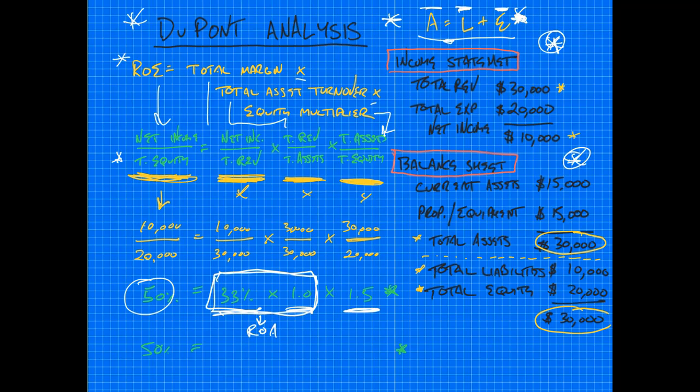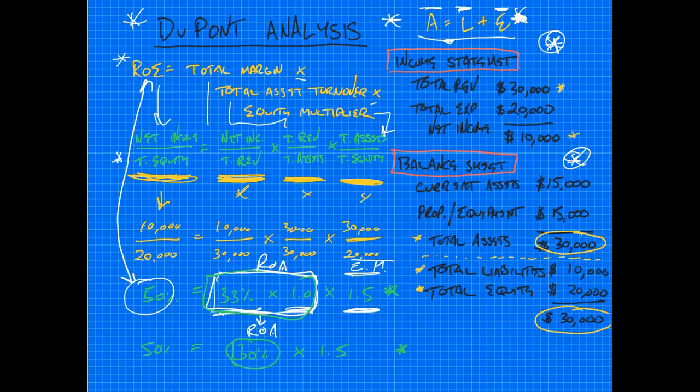Well, 1 times anything is the same, so we'll leave that, times 1.5. And again, this number right here happens to be ROA. So we got our ROE, okay, right here. We've got our ROA, return on assets, and then we have the equity multiplier, which tells us the amount of leverage.